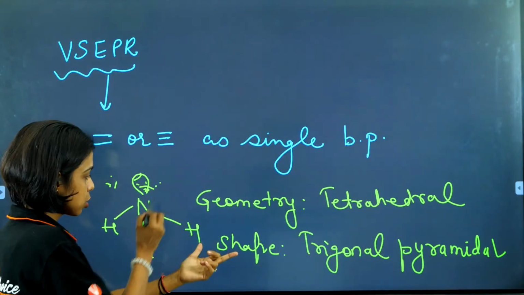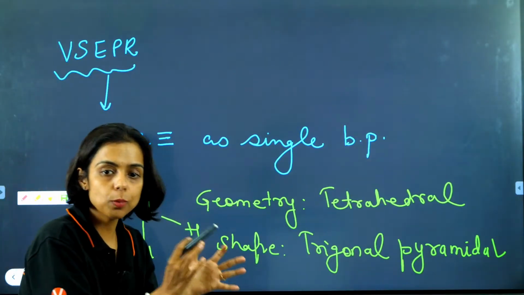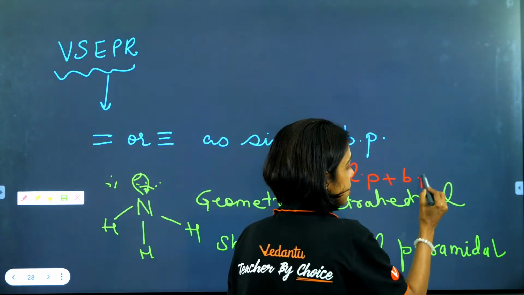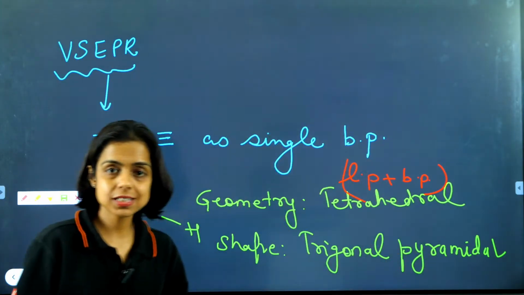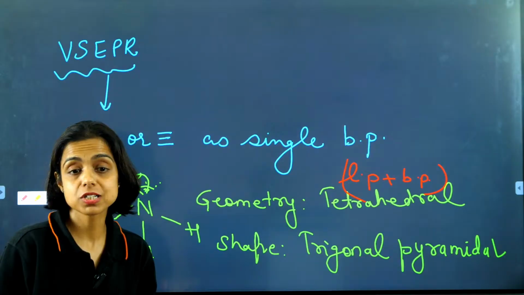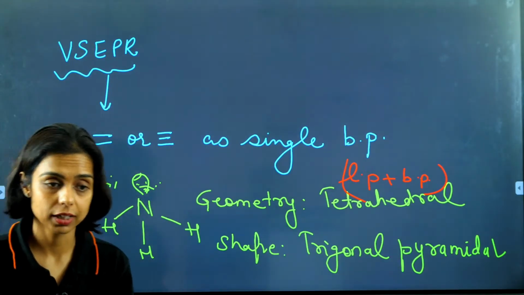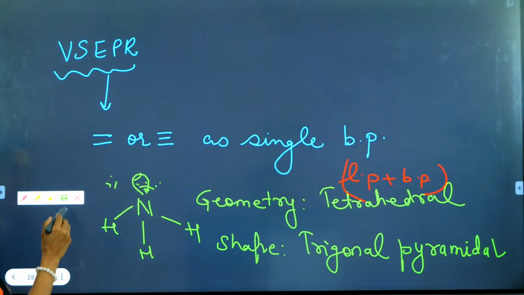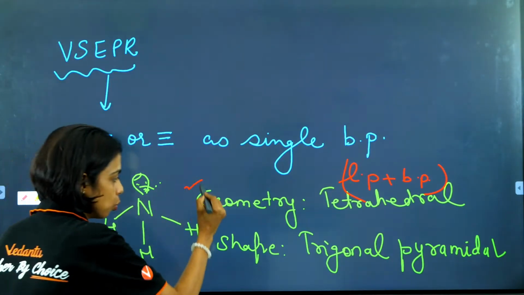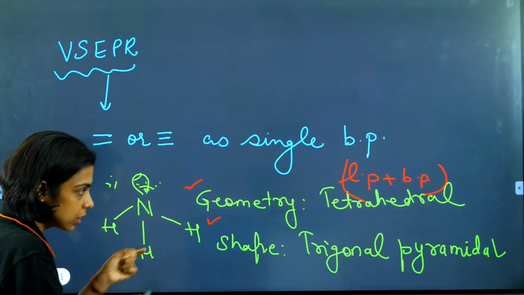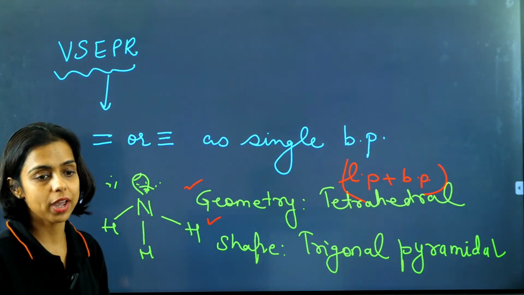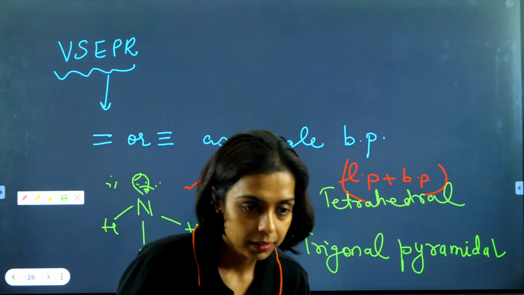Electron geometry means how the total electron pairs, lone plus bond, are arranged around the central atom to minimize repulsion. Shape means the arrangement of bond pairs around the central atom, how the molecule looks. Please make sure that you know these two things. So for ammonia, the electron geometry is tetrahedral, whereas the shape of the molecule is trigonal pyramidal.